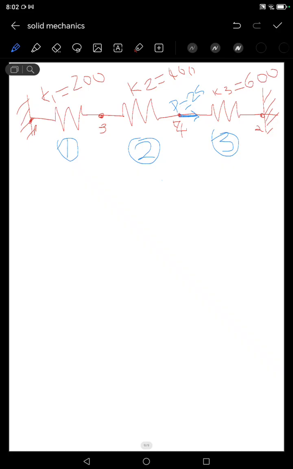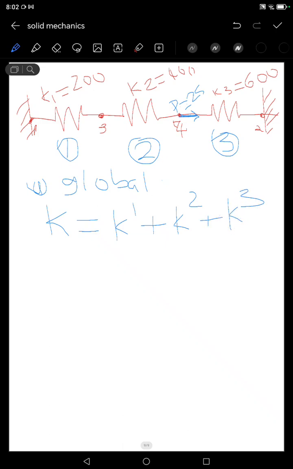So the first question, they want us to determine the global stiffness. Okay, so to determine the global stiffness, it's going to be the big letter K. It's equal to K1 for element 1 plus K2 for element 2 plus K3 for element 3. Okay, like this.